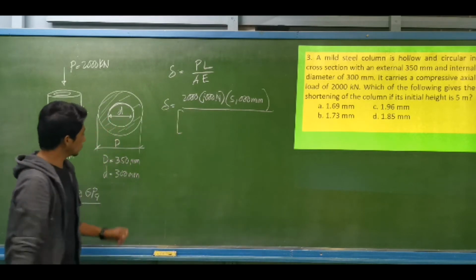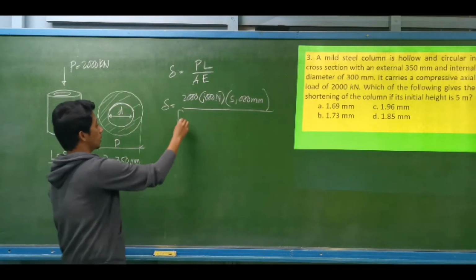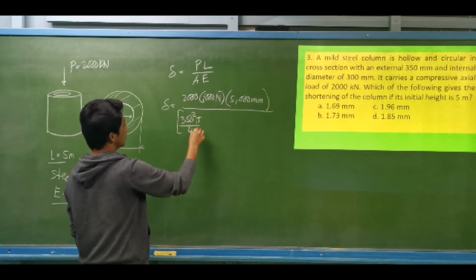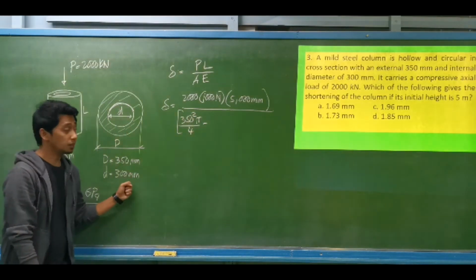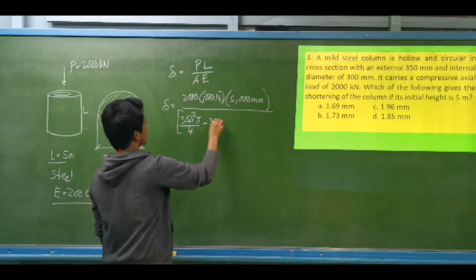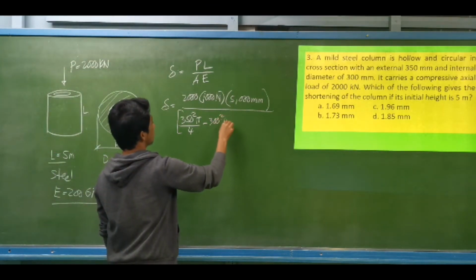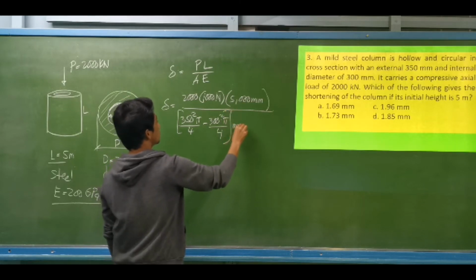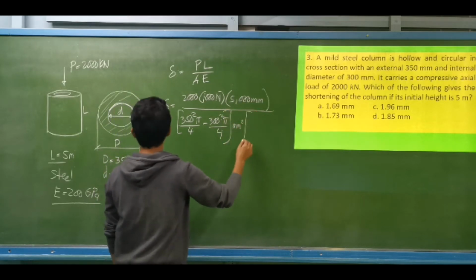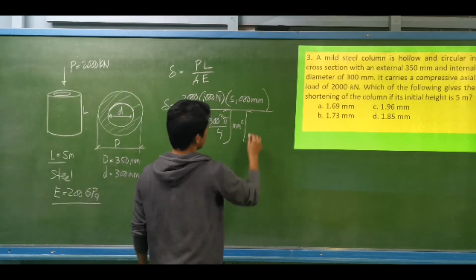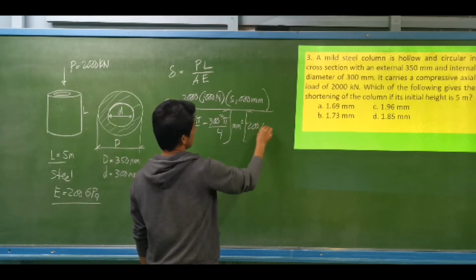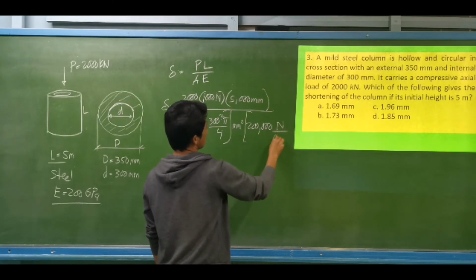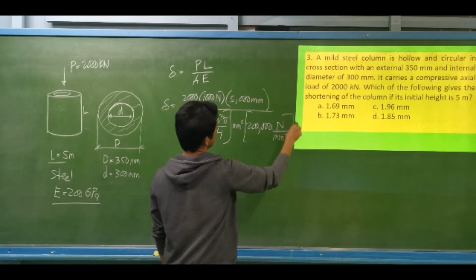The outer circle is 350 squared pi divided by 4 minus the inner, 300 squared pi divided by 4. Obviously this unit is millimeters squared. This is multiplied by 200,000 megapascals. Megapascals is the same as newtons per square millimeter.